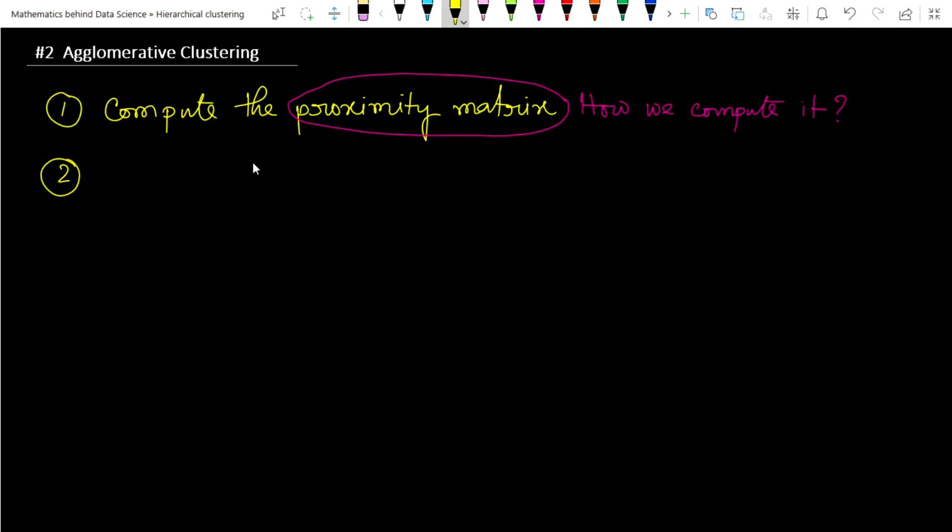Now after computing the proximity matrix, in the next step, in the initial stage, we have to consider each point to be our cluster. That thing we already saw in our previous lecture.